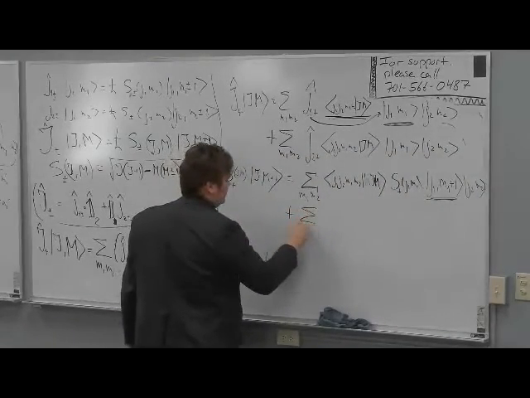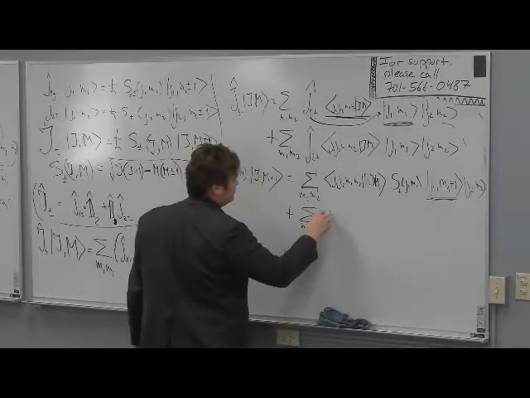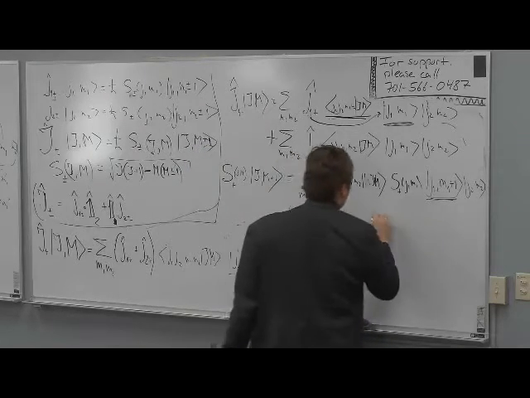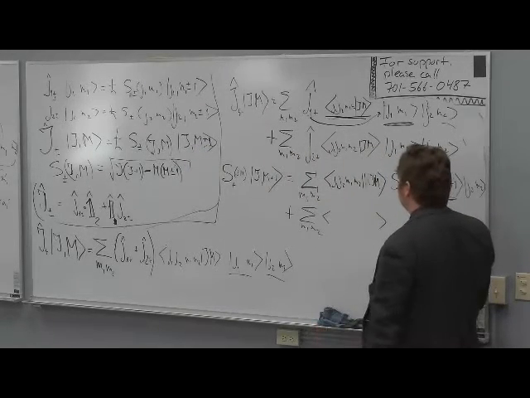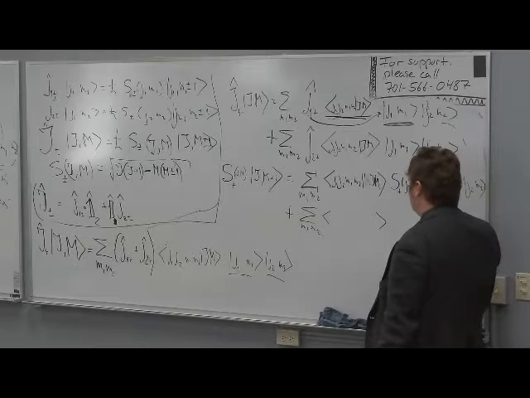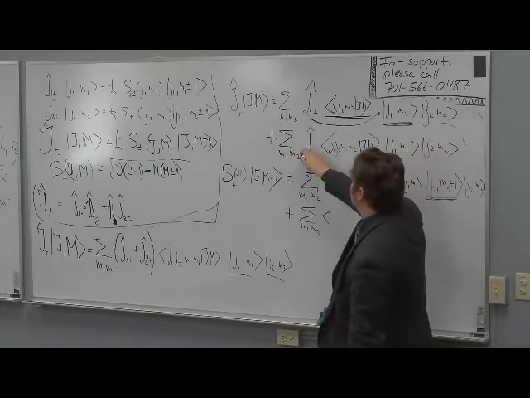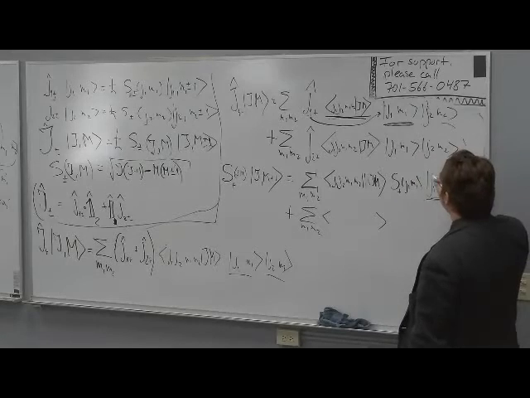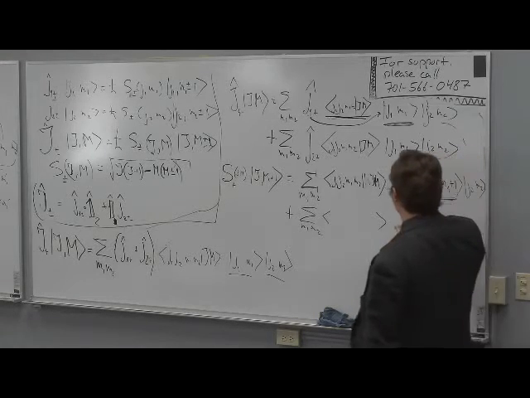Second term, again summation over M1 and M2. The Clebsch-Gordan coefficient is not affected by the operator. And now this J2 operator affects the second system, the second factor.